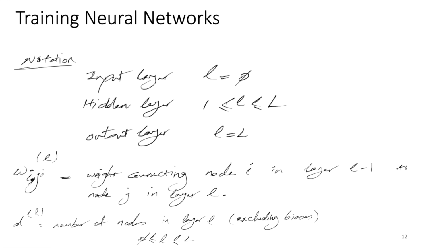Also, we define d of l as the number of nodes in layer l, excluding the biases. For now we are excluding the biases, because each node has its own bias, right? The index l could be from 0 to L, right?